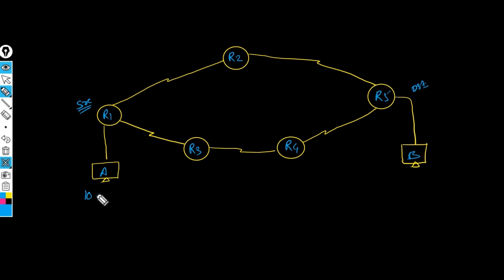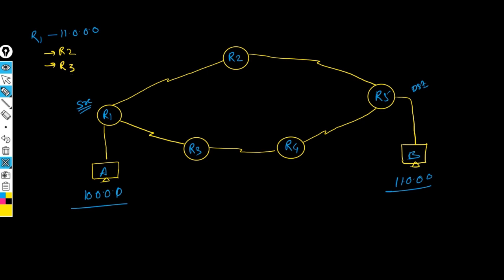Let's say this is the 10.0.0.0 network and this is the 11.0.0.0 network. Fine. So from router 1 to reach 11.0.0.0 you have two paths. One path is via router 2, another path is via router 3.